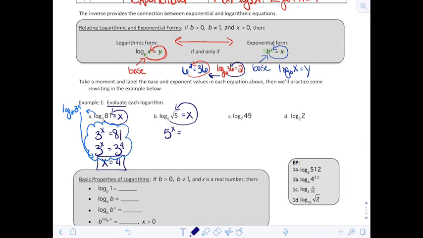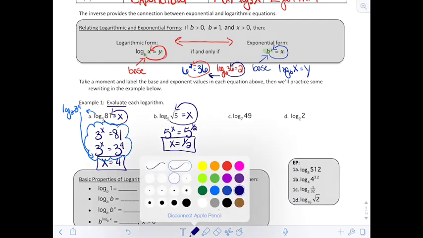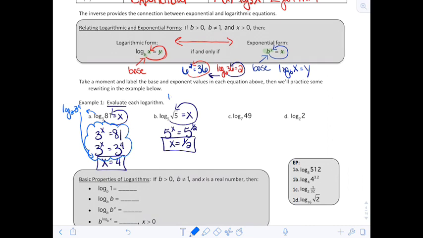Since we're in powers, I'm going to write the square root of 5 as 5 to the 1/2. And since the bases are the same, I know that x must equal 1/2, and that would be our value. So once again, no coincidence, the log base 5 of 5 to the 1/2, we see those essentially cancel, and my answer was the exponent.